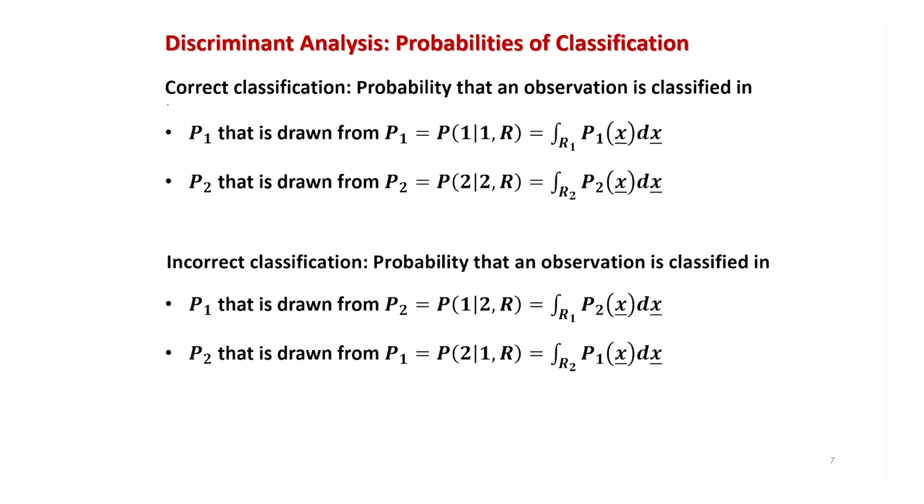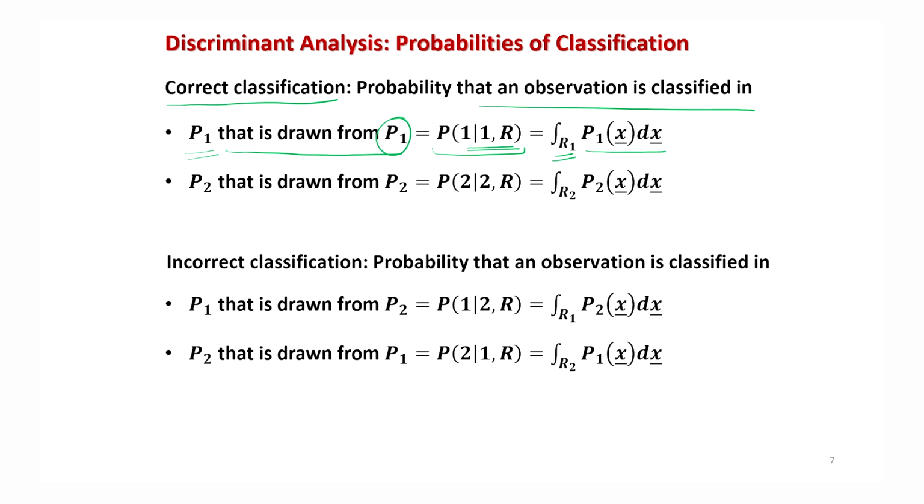So first let us specify the probabilities of correct classification. The probability that an observation is classified into P1 and is actually drawn from P1 is indicated by this symbol: P(1|1, R). And suppose if P1(x) is the PDF, then this probability can be computed over the region R1 with the PDF of P1, right?